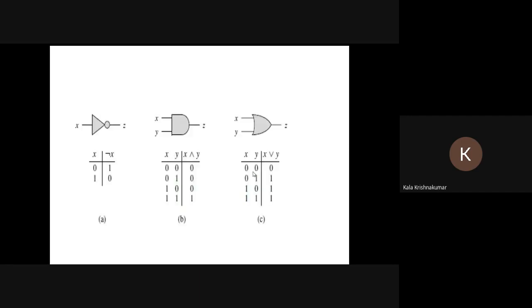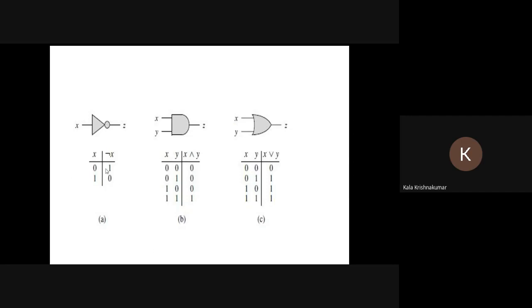We can construct different circuits using these three gates. For example, x1, x2, x3 are the inputs to the circuit.